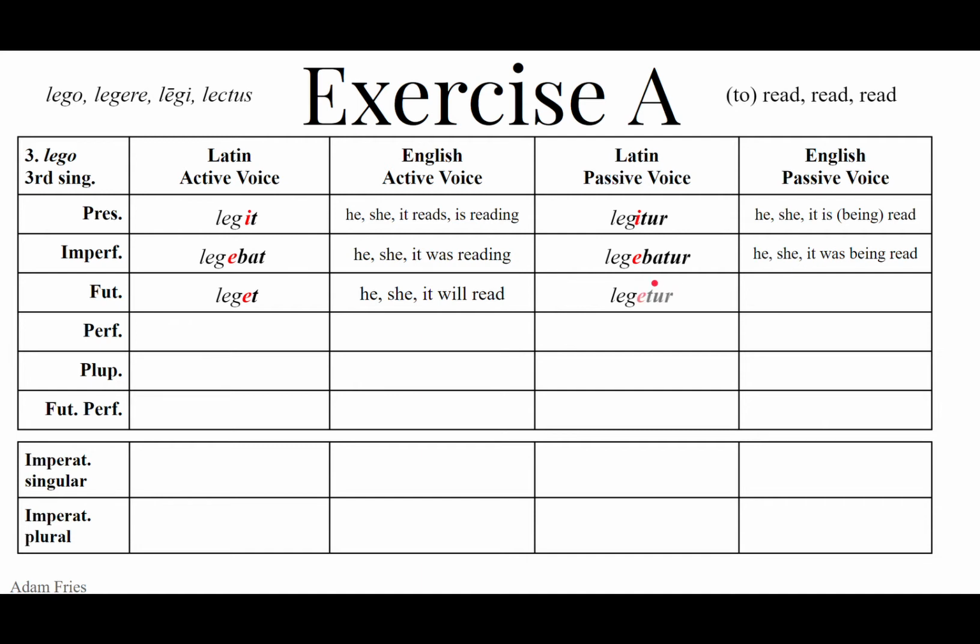So we want etur, legetur. Notice it is different from legitur. Legitur with an i, and the accent is on the e, and then legetur with an e. He, she, it will be read.